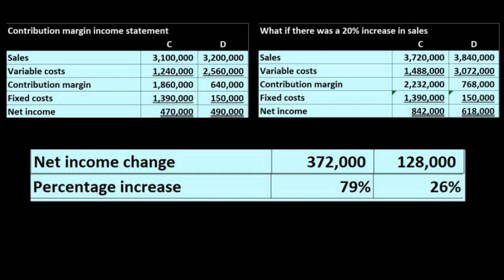For example, if we had the movie theater, or a restaurant, or hotels, let's say, and we increased the amount of occupancy in the hotels, well, if we had a lot of fixed costs, a lot of the costs are basically the rent of the hotel, and it is what it is, whether people are in it or not.